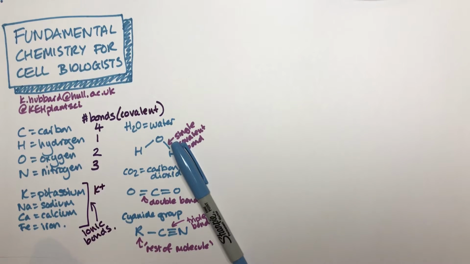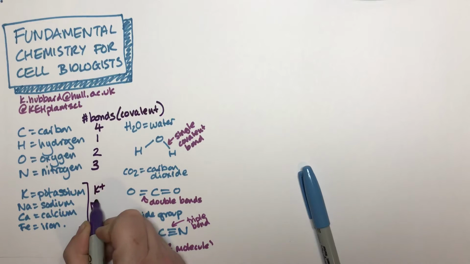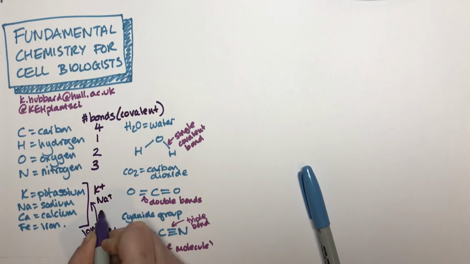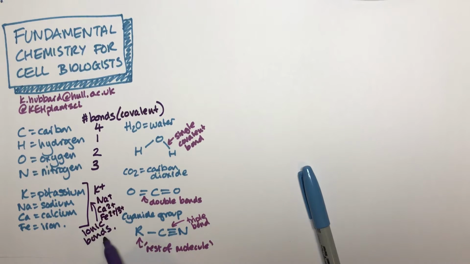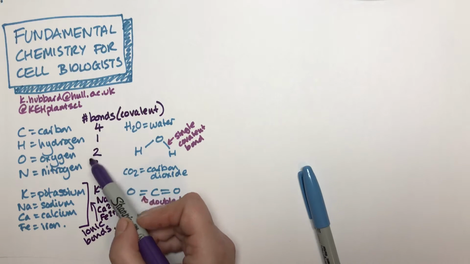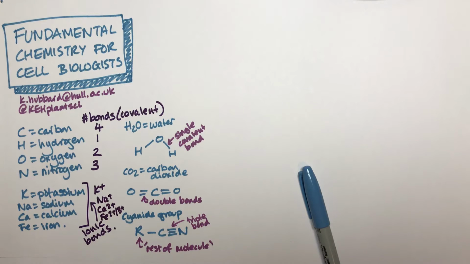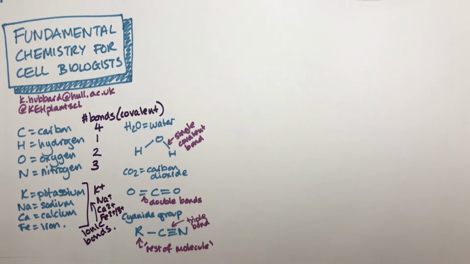That means it's lost an electron, which is negatively charged, so it's left with a positive charge. Sodium is Na plus, calcium is 2 plus, and iron can either be 2 plus or 3 plus. But we'll meet ions in a different way. When we talk about covalent bonds, these are the important ones in terms of the number of bonds that they form. So that's how chemical notation works.